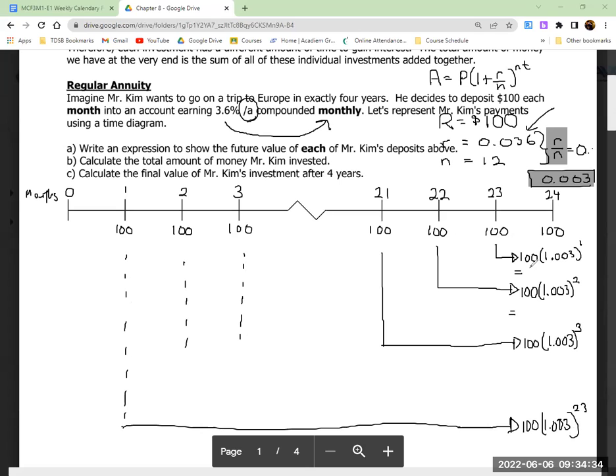So I'm going to do this very quickly on my calculator. 100 times 1.003 gives me $100.30. This $100 earned me 30 cents, right? The next $100 earned me 60 cents. Whoa!